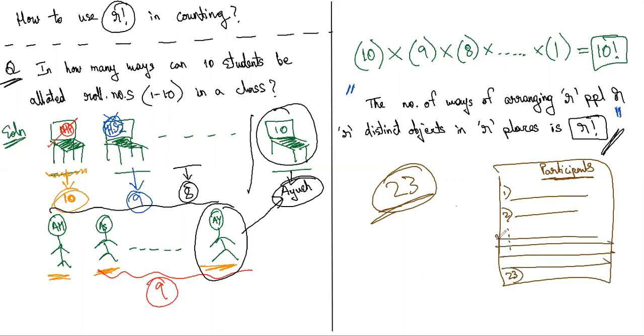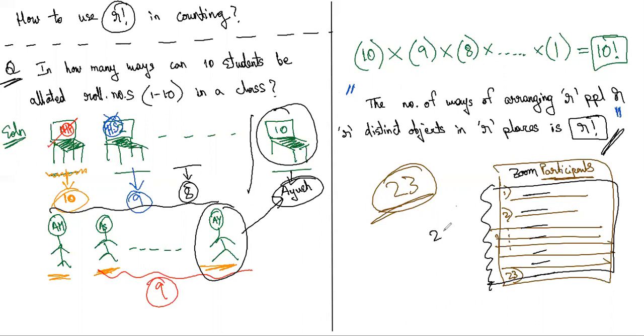Then you can ask, in how many ways can 23 students come in this Zoom participant list, where there are 23 slots? Then you can tell your friends that the answer will be 23 factorial.